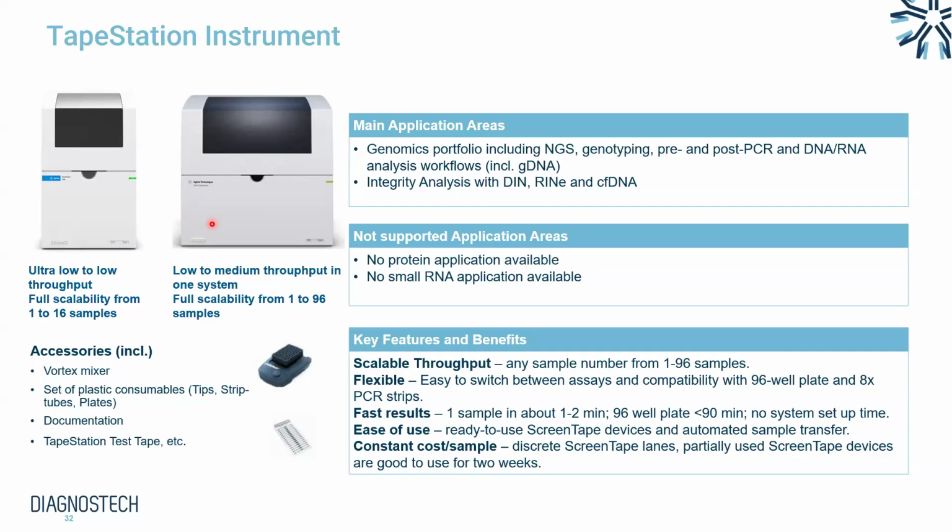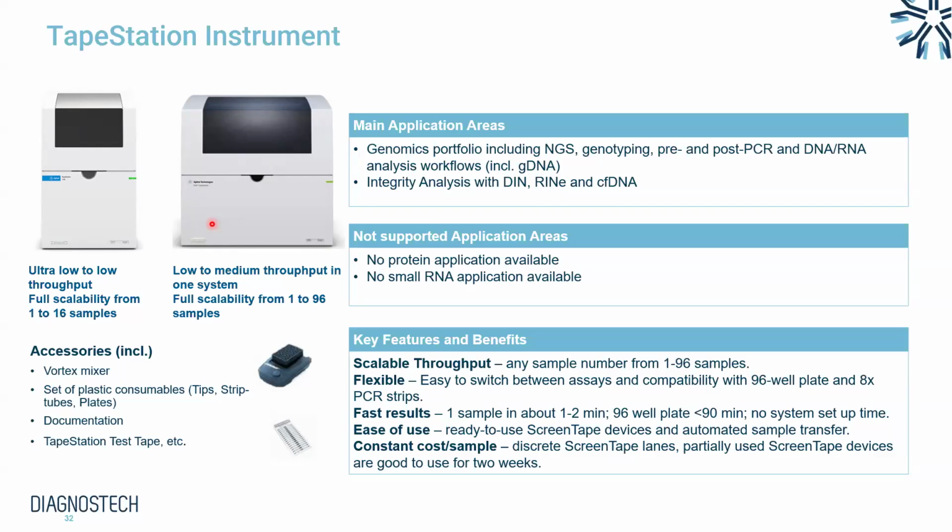So a DIN score for DNA, it stands for a DNA integrity number. So it's a score from 1 to 10 as to how intact your sample is. Then a RIN-E score, which is the RNA integrity number equivalent. The reason that it's RIN-E and not just a RIN score is that the RIN score was used for the Bioanalyzer system and it's not calculated exactly the same way, so they couldn't give it the same name, but it is equivalent.